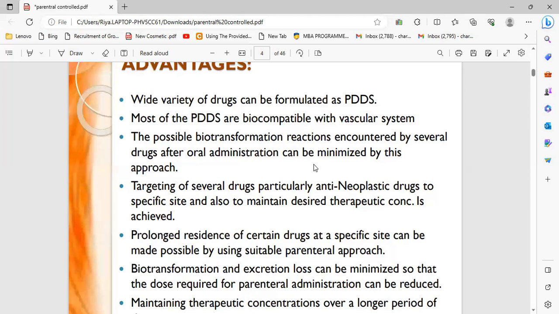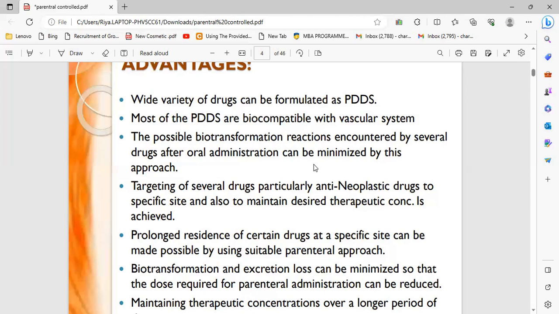But in parenteral drug delivery system, we are directly administering the drug to the targeted site, and we maintain the desired therapeutic concentration there, and that will definitely decrease the toxic effects, or it may not cause any effects to the other sites of your body.